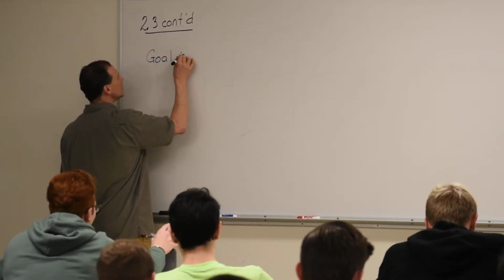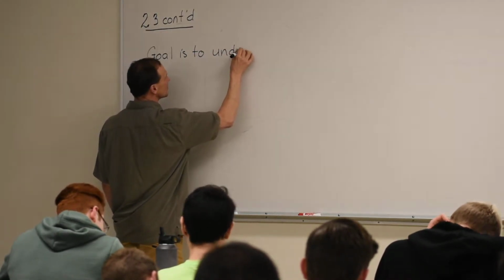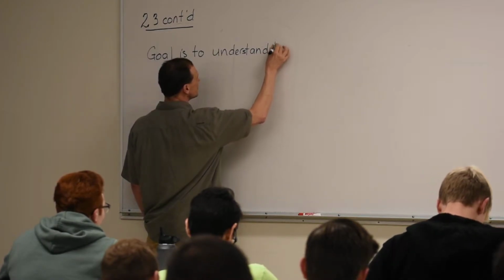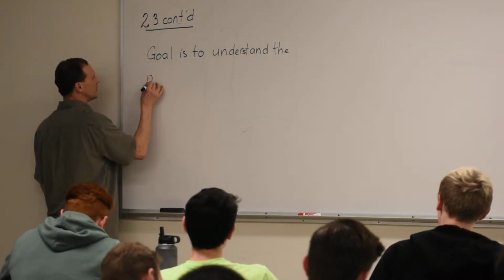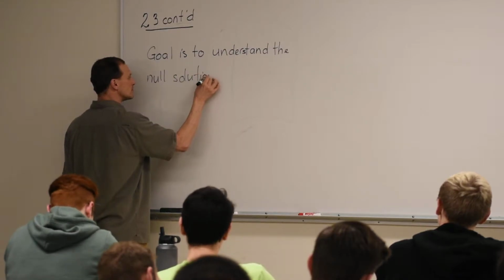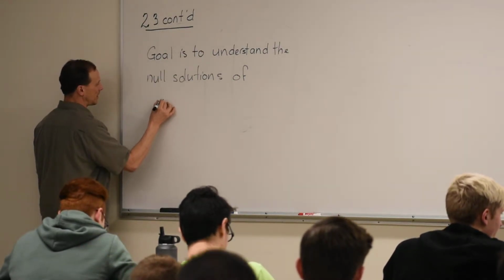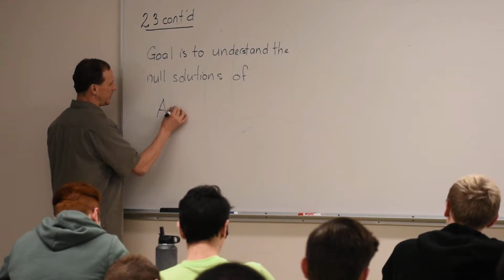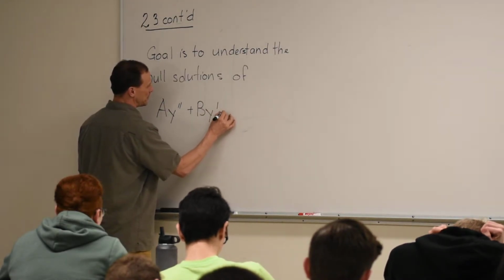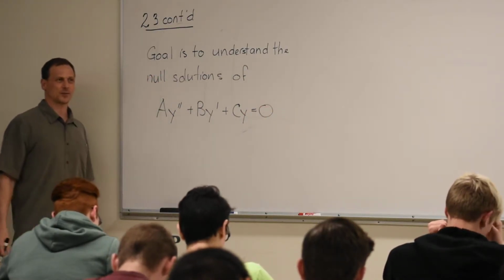Goal is to understand the null solutions of, we had A y double prime plus B y prime plus C y equals 0. Is that where we ended, somewhere in there?